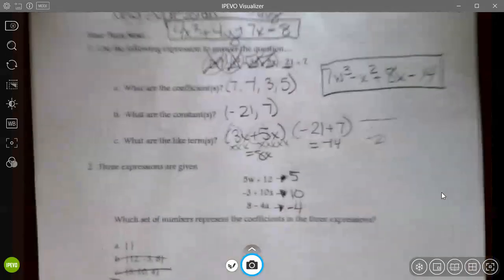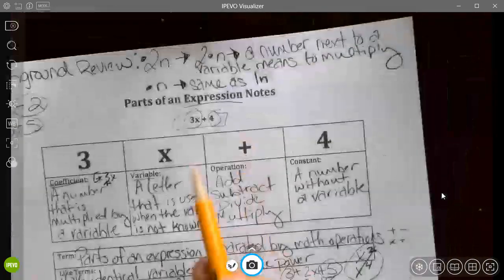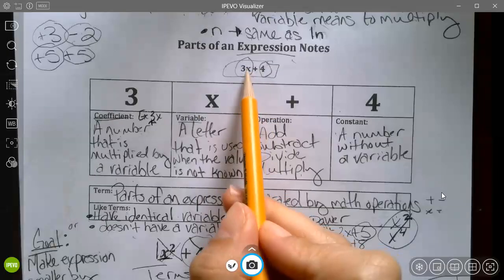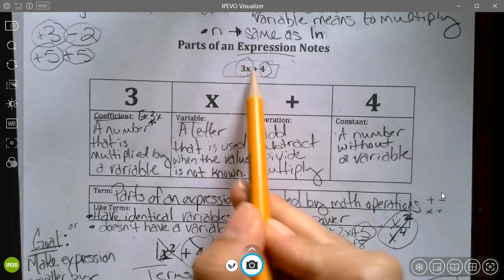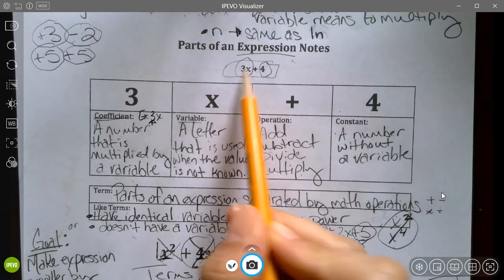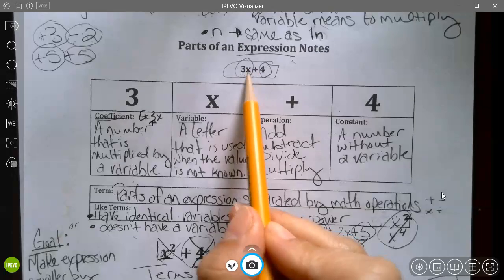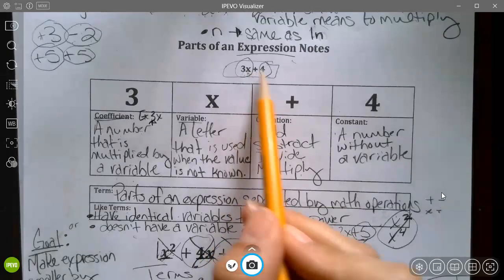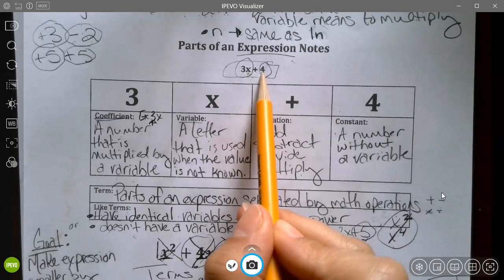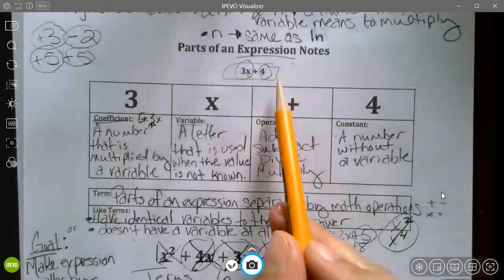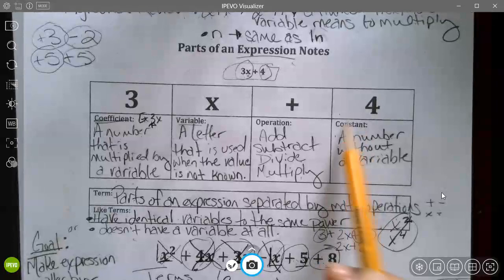Okay, that is parts of an expression. The number that's being multiplied with the variable, that's your coefficient. Your variable is just an unknown value. We don't know the value of that number. Your math operation. And then if the number does not have a variable, it's called a constant.